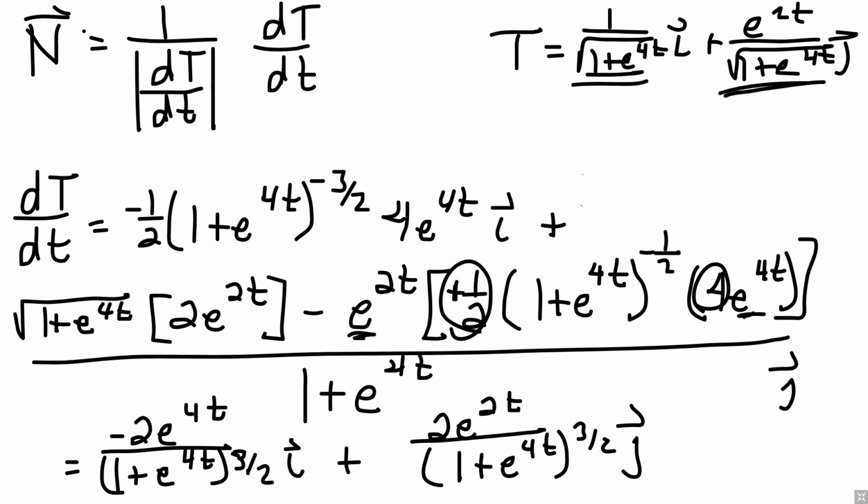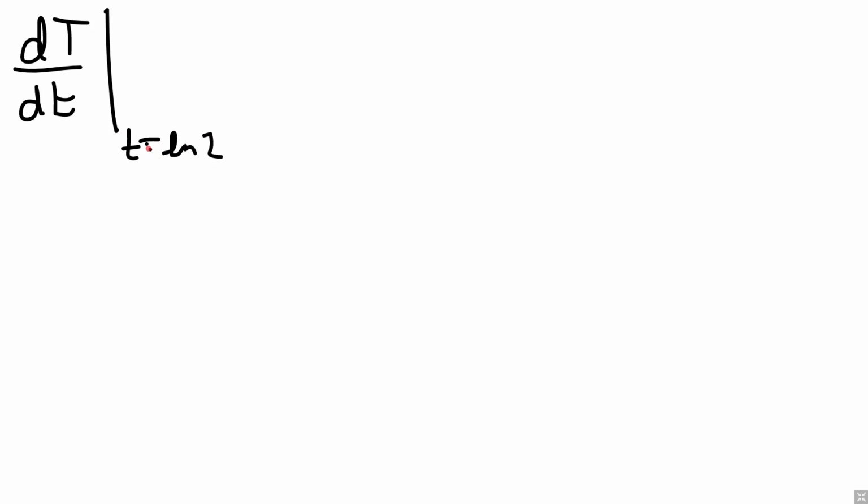Okay, so what I'm going to do at this time is I am going to cheat a little bit, and I'm going to go ahead and evaluate dt at the natural log of 2, and then do the magnitude to make my life easier. Okay, so if I take the derivative with respect to time of the unit tangent, I'm going to evaluate it at t equals natural log of 2.